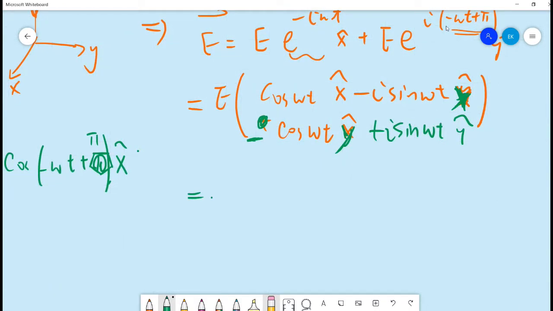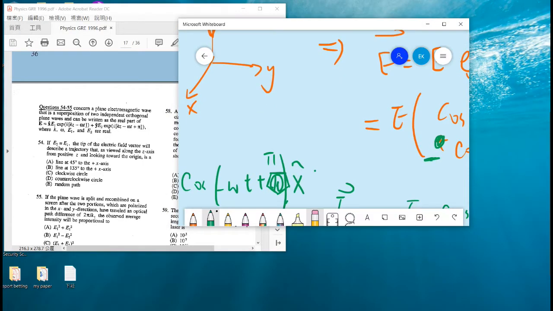Combine these two. Basically we combine these two and get x minus, let me see, this is the real part, x plus y.